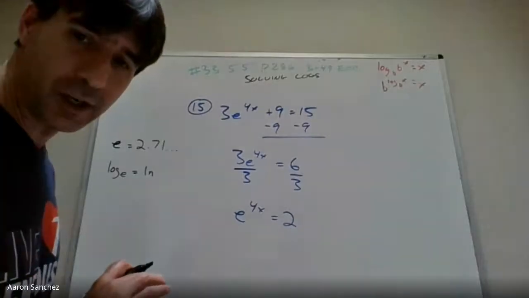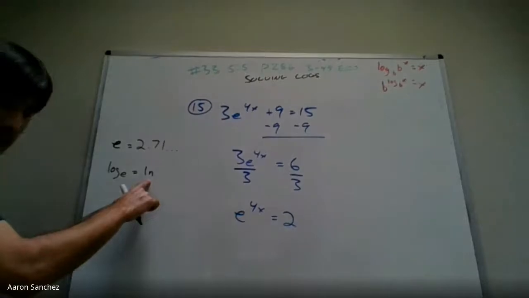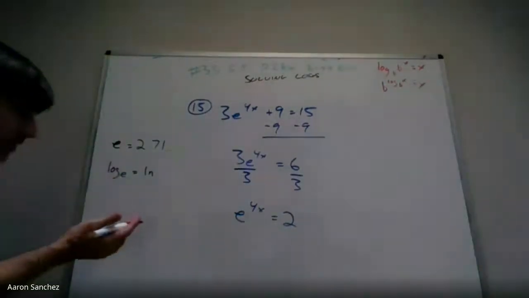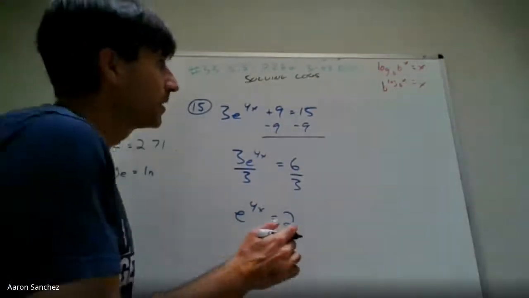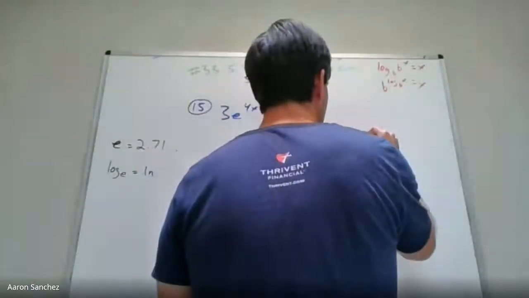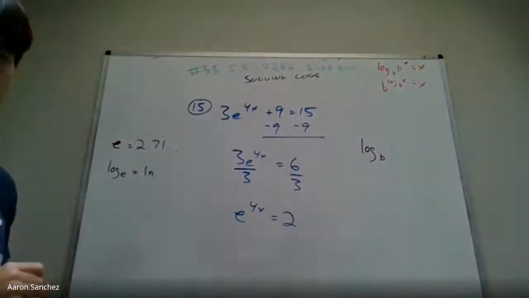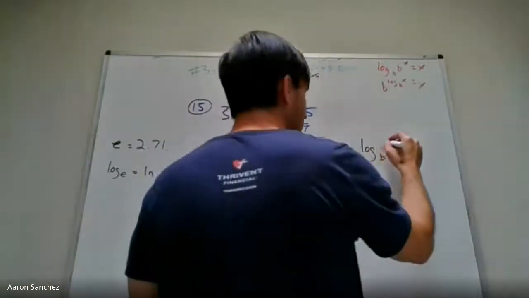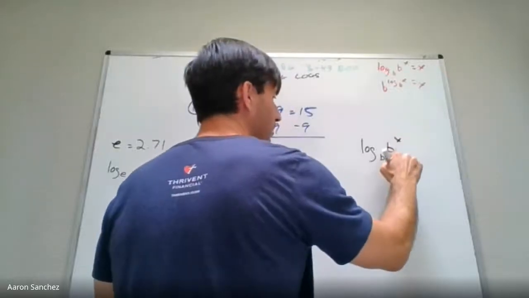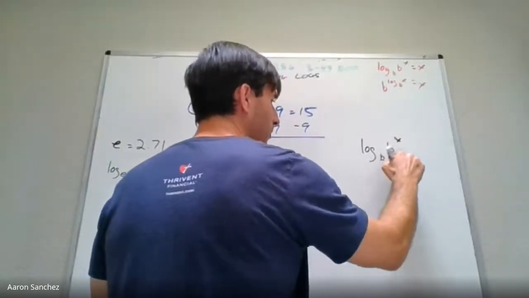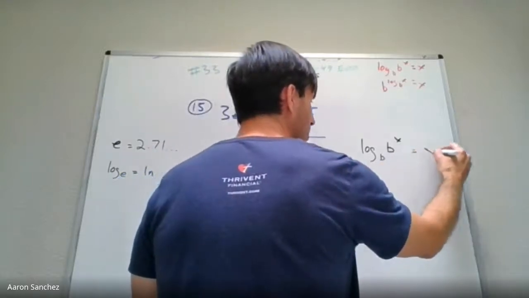Okay, so we understand that log base e is the same as the natural log. That's all you need to know. Now the other thing we need to know is this. If I take a log with a base of b, and I raise b to the x, notice both of these are b, well, that just equals x.